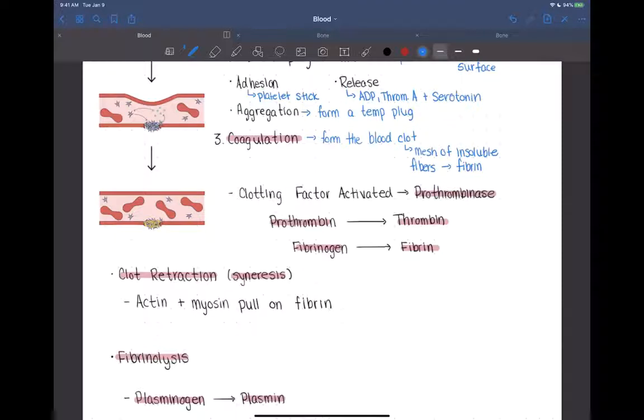The way that happens is through a cascade reaction. We're going to have a few of these in A and P2. A cascade reaction is where an initial signal, like damage to the blood vessel, activates something, usually an enzyme.